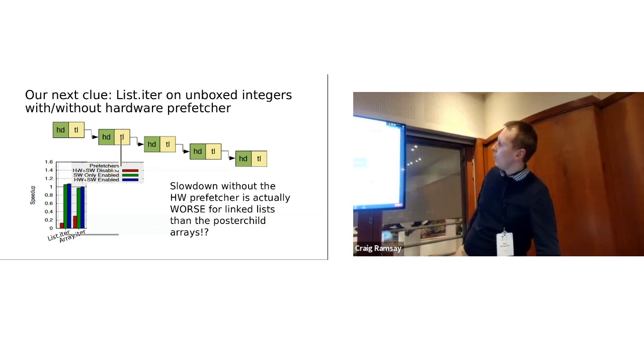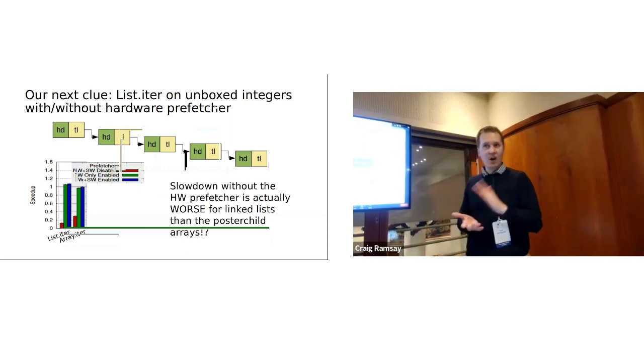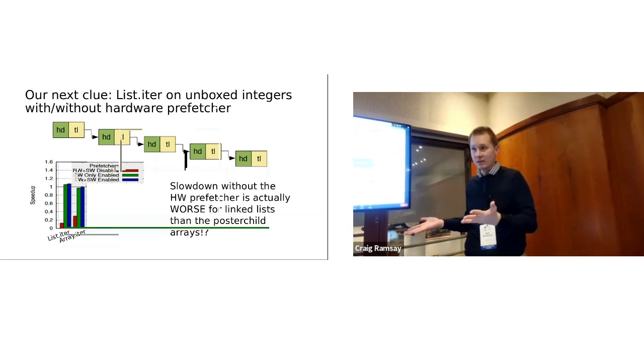So what we've got to do to unpick this is, the first thing is that the hardware prefetcher has got to be picking up this linked list somehow, right? There's no other explanation for this. The second thing is, okay, so why isn't the array slowing down as much? And that is to do with out of order execution.